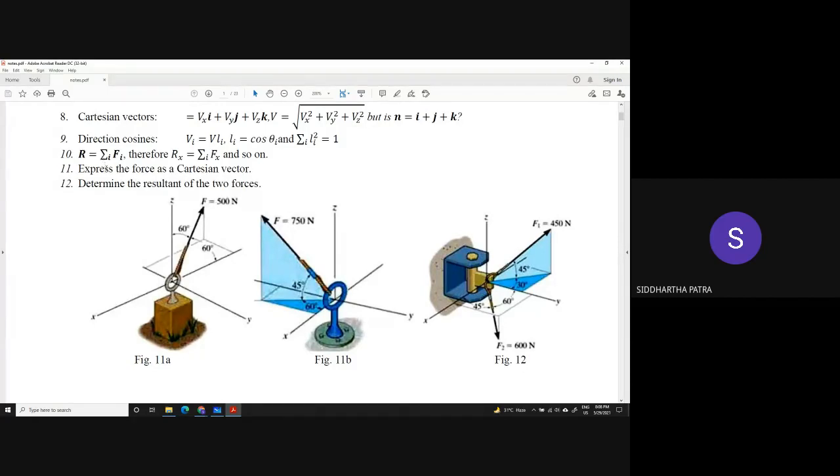If I am given n Cartesian vectors, I simply need to add the components in a given direction for all such vectors whose resultant I'm trying to figure out. Then the algebraic sum of the Cartesian components of those individual forces becomes the corresponding component of the resultant.